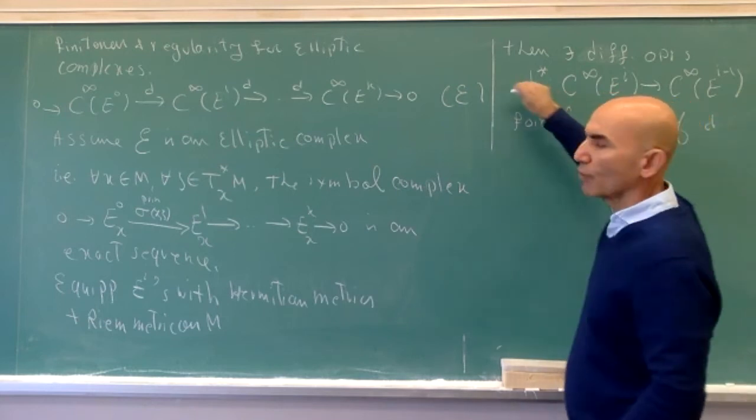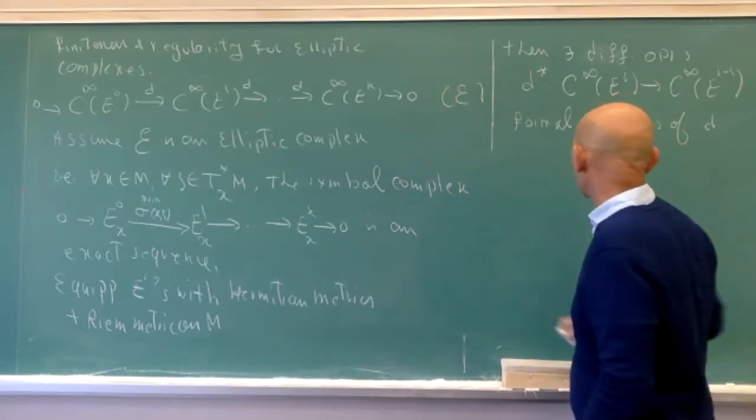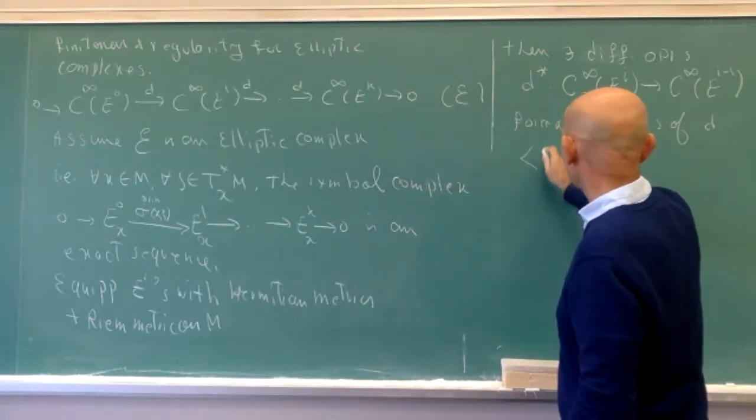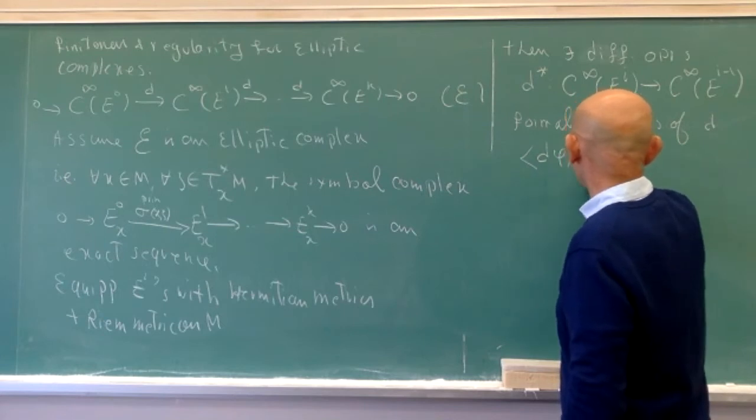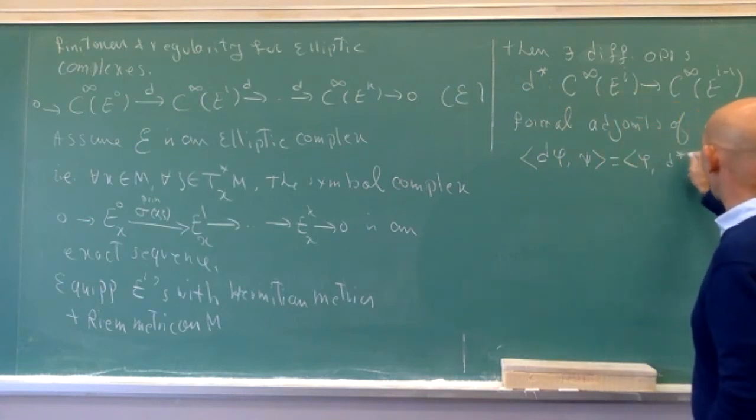Again, I don't write the i's, but you understand that at each i they work. The formal adjoint means that if you take corresponding sections phi and psi, then the inner product of d phi and psi is equal to the inner product of phi and d star psi.